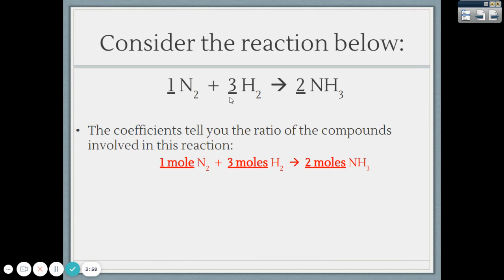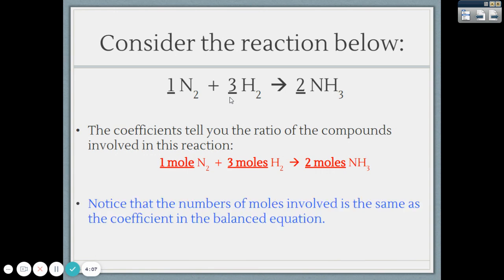So you can just plug in that word mole there, and that's how you find that ratio. So the numbers of moles involved is the same as the coefficient in the balanced equation.